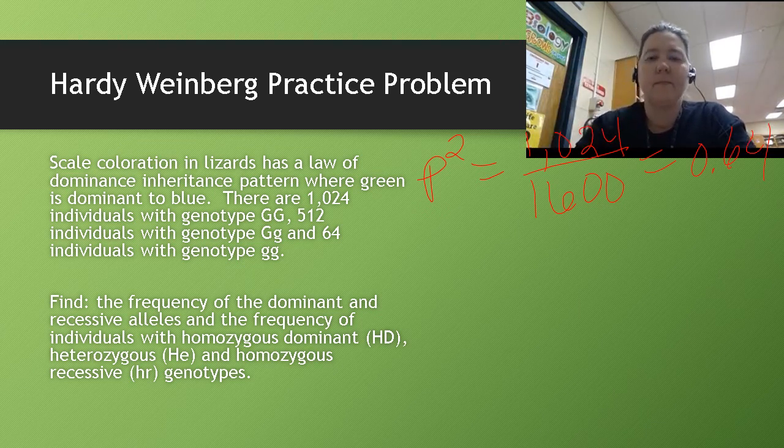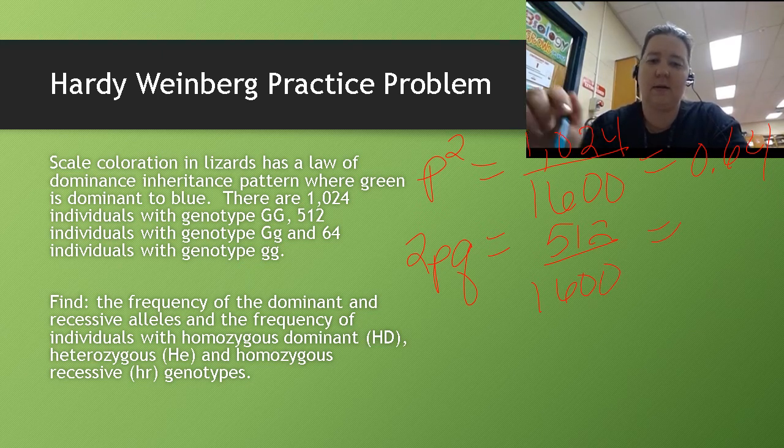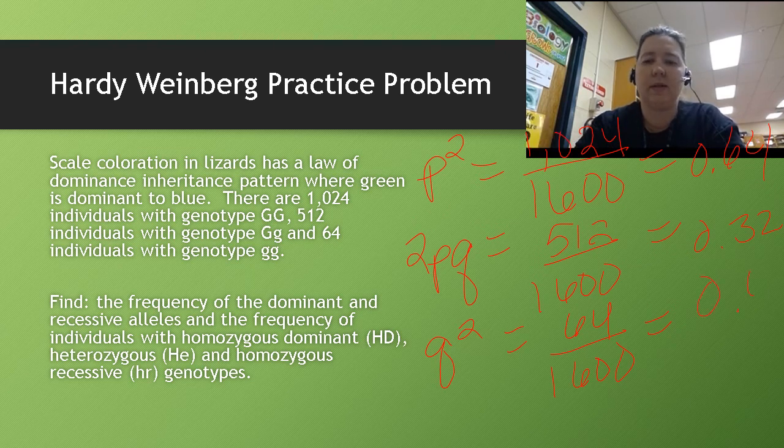Okay, our 2pq, in this case, we can just do 512 over 1,600, which equals 0.32. And q squared equals 64 over 1,600, which equals 0.04.